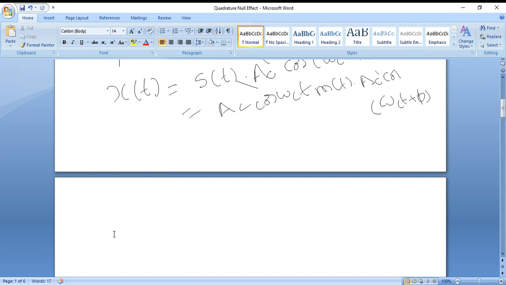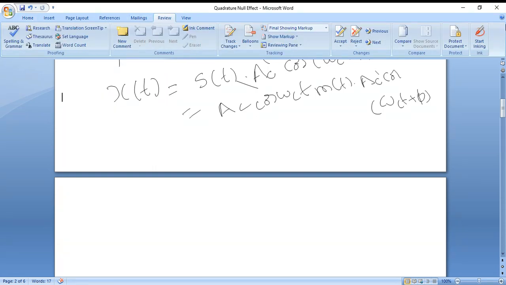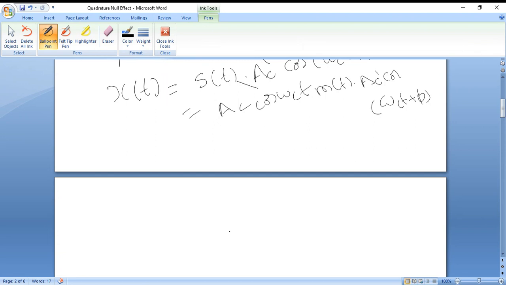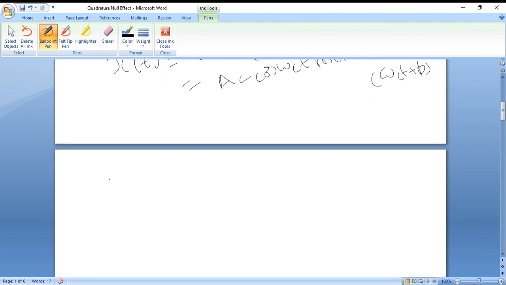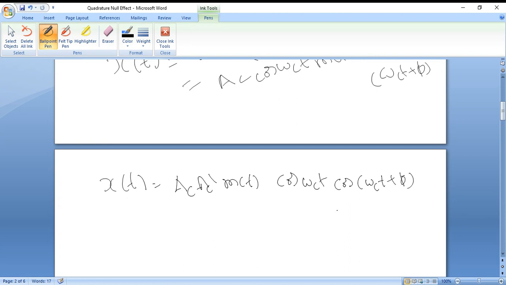If they are multiplied, then the corresponding output, x of t, equals Ac Ac dash m of t into cos omega ct cos of omega ct plus phi.